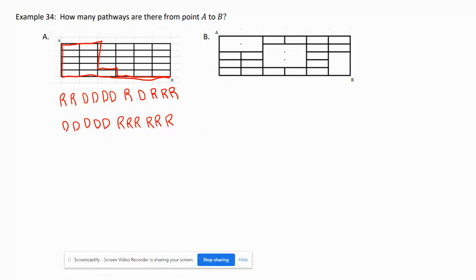This becomes a permutations question with repeated elements. The answer would be 11 factorial, because there's 11 letters altogether, divided by 5 factorial times 6 factorial. This calculation would get you this answer over here. So this is method 1.